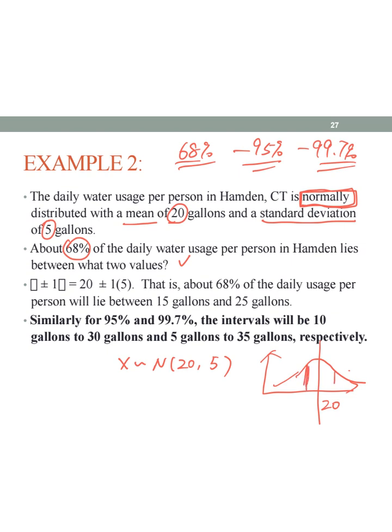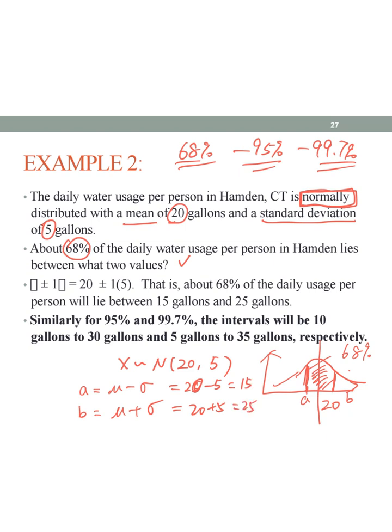I want to find the two numbers, A and B, so that between A and B I have 68% of observations. Based on the empirical rule, A is the mean minus the standard deviation, and B is the mean plus the standard deviation. So 20 minus 5, 20 plus 5, that is 15 and 25.